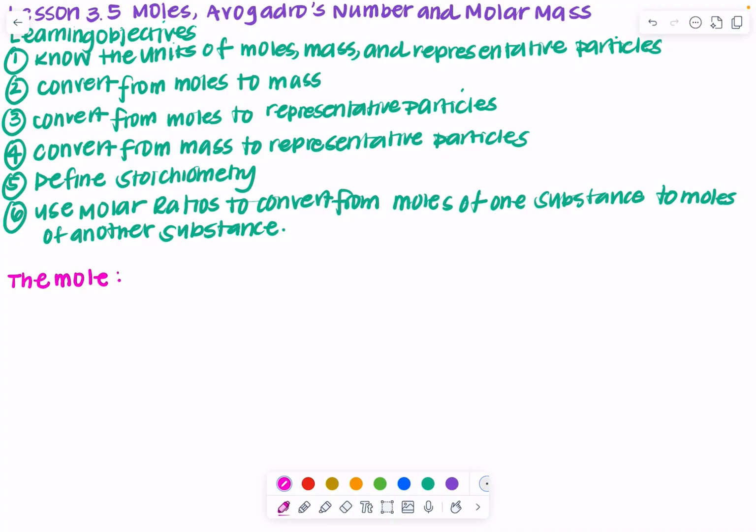Remember that the mole is a unit based on the amount of a substance.